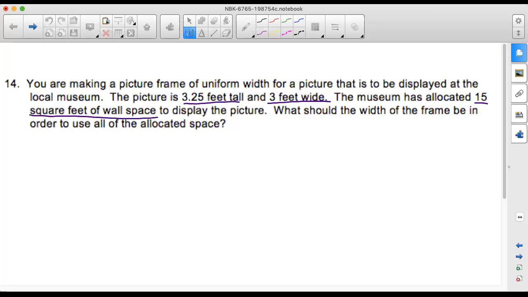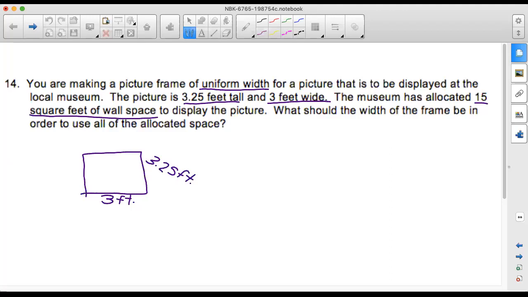So we have this picture, which is 3.25 feet tall, 3 feet wide. And when they're saying uniform width, what is that talking about? The frame is of uniform width. Leah, what are they talking about there?